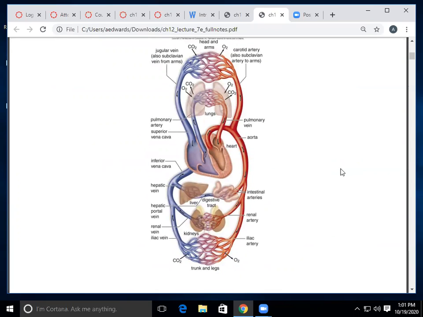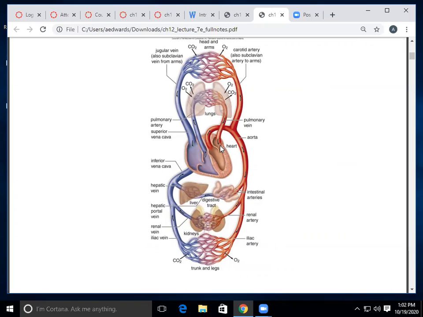All right. So here's a kind of an overview of your cardiovascular system. So in the center, you've got your heart. So if we start here, taking blood that's deoxygenated to the lungs, exchanging oxygen for carbon dioxide. So you're picking up oxygen, getting rid of carbon dioxide.